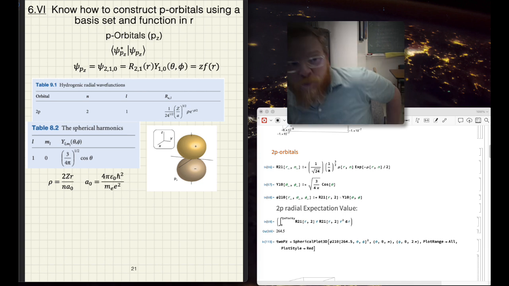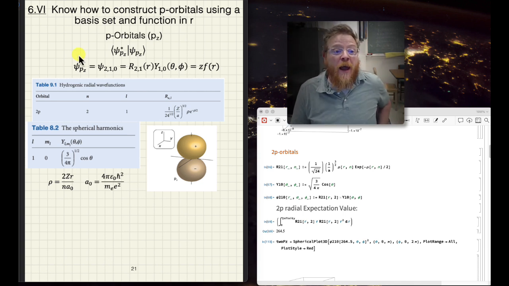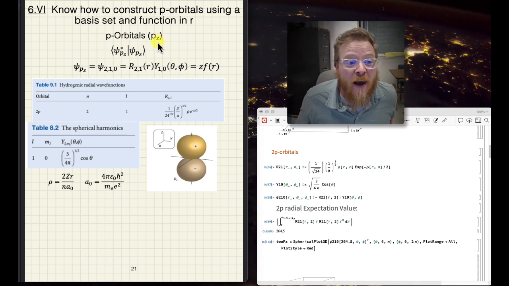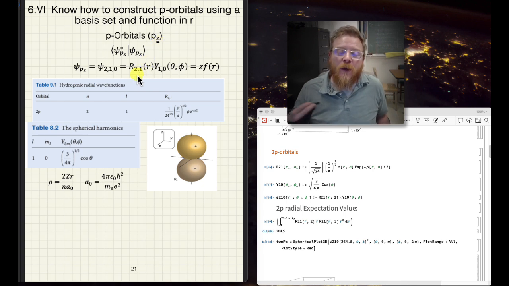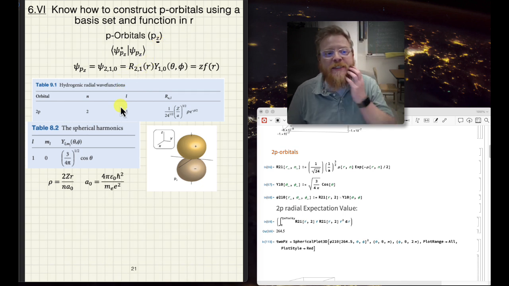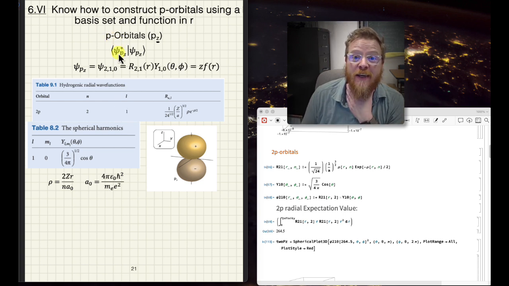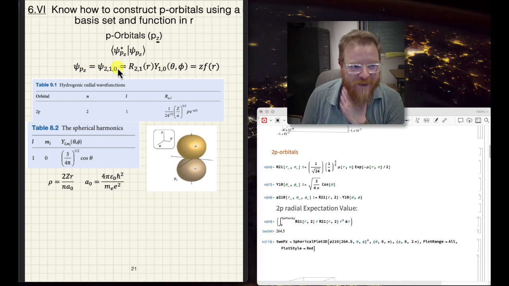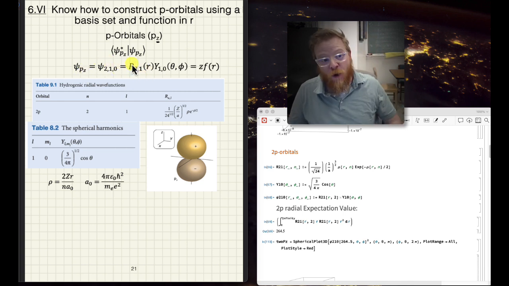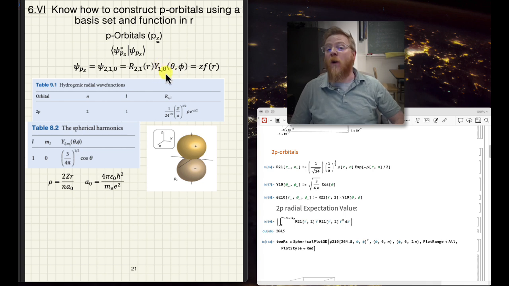Okay, so building up the p orbital, and we're going to take it one p orbital at a time. So we'll start with z. So we will define a pz orbital as psi star psi, right? Where my psi is given as 2, 1, 0, which means we need R21 and Y10.